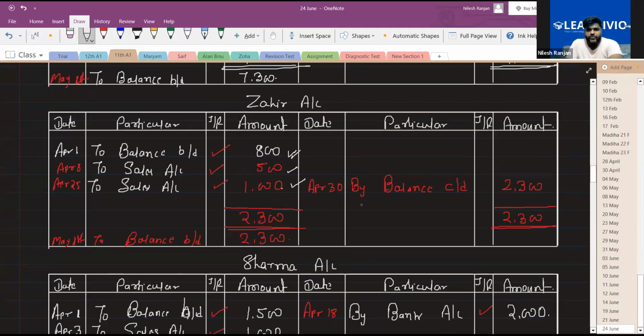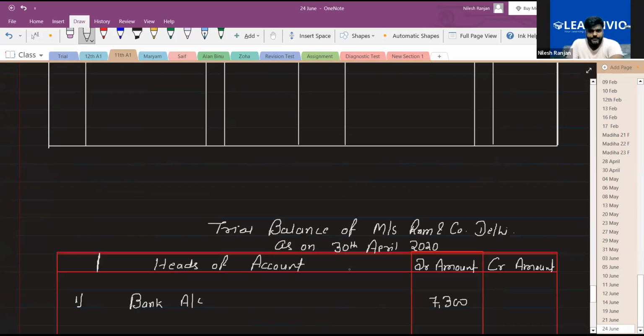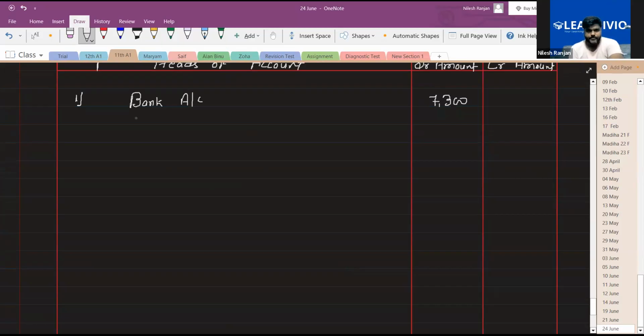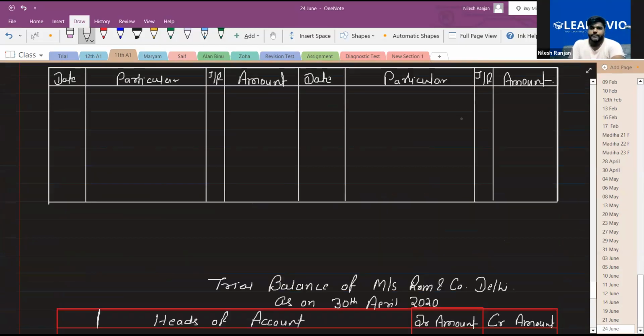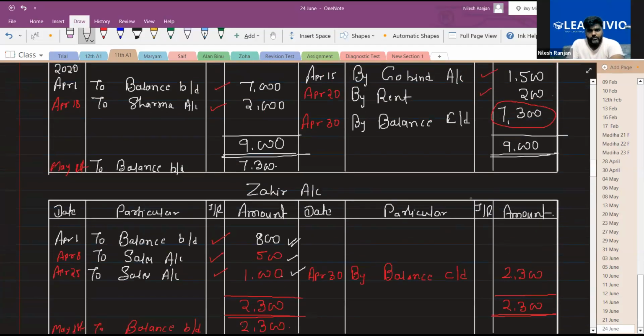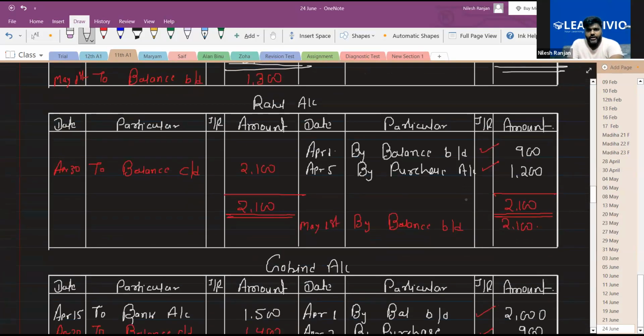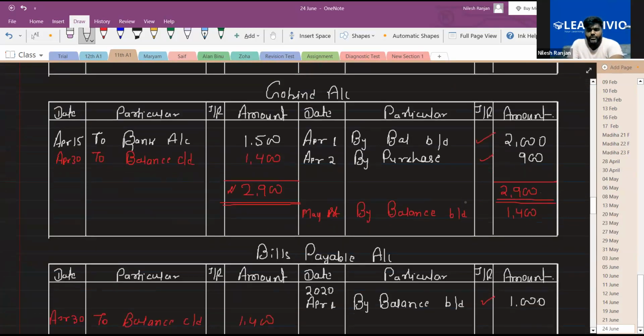Balance is 2,300. This is also debit, $2,300. Then Sharma 1,300. Rahul 2,100.